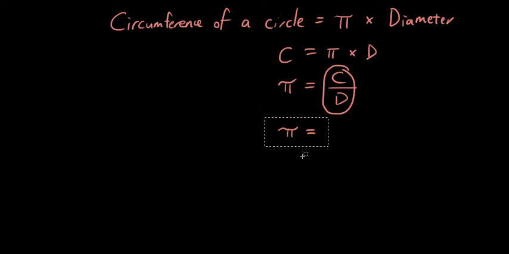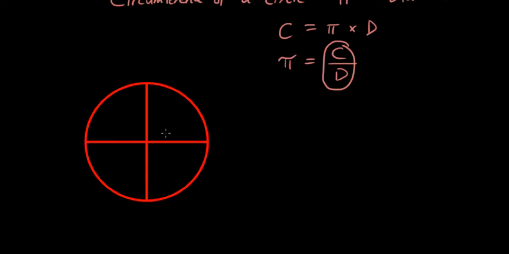So I'm going to start off by drawing a circle. So here's a circle, and let's say that we know for sure that the radius of the circle is 5 centimeters. So that means the diameter of the circle will be 10 centimeters, 5 plus 5, which is 10 centimeters.